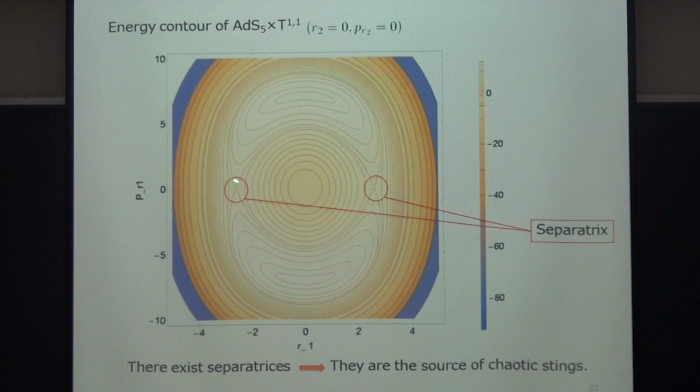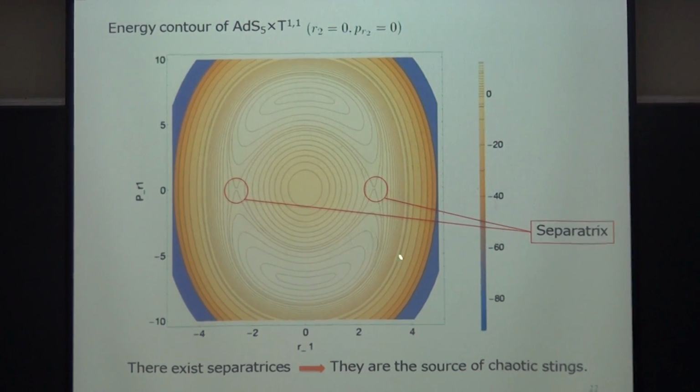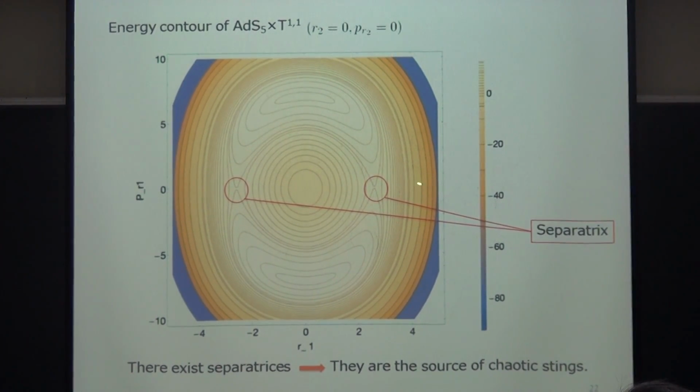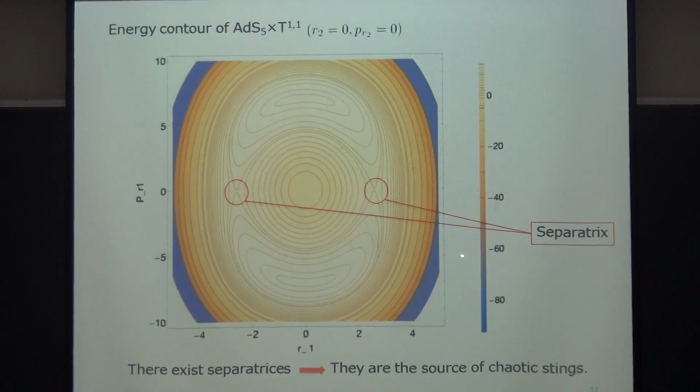So here, small orbits, elliptic ones, and larger orbits are separated. This separatrix structure sometimes collapses from higher order interactions, and such a collapsed separatrix sometimes serves as a source of chaotic strings. And in this case, this separatrix is collapsed, so chaotic strings appear. This is a reason for the chaos in this system.